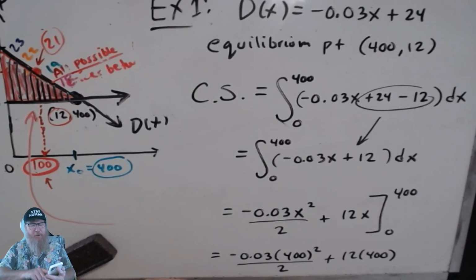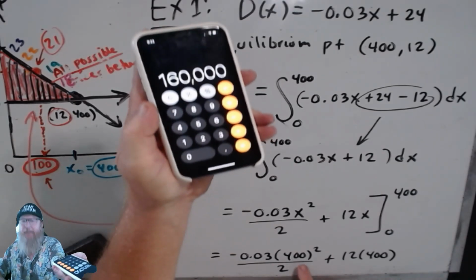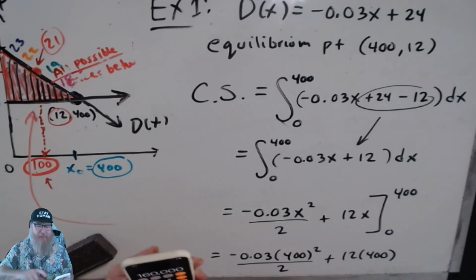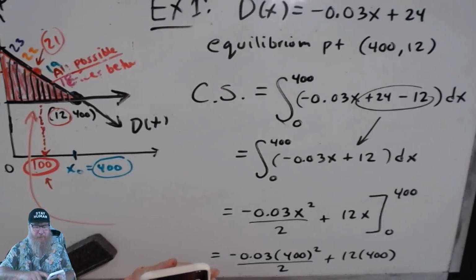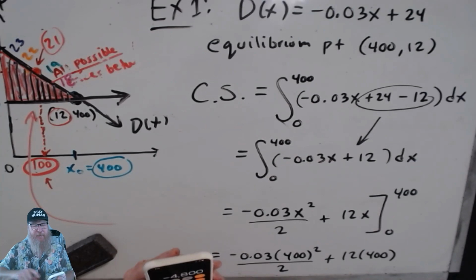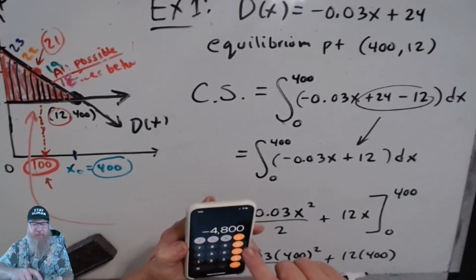So you got 400 squared. That's 160,000 times 0.03, which is negative, and then divided by 2.